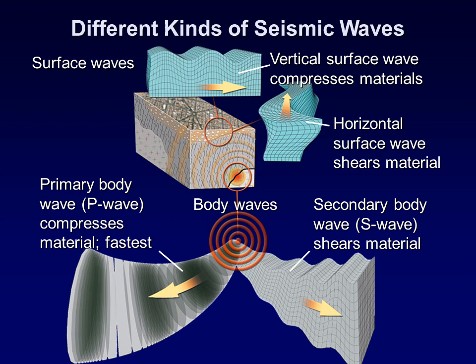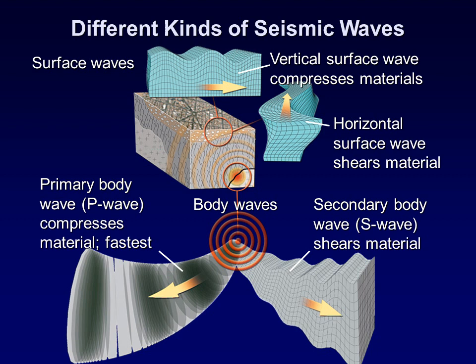The S wave, or the secondary wave, is a shear wave. They rock up and down, perpendicular to the direction of the wave propagation. So as the secondary wave is moving through the rocks, they're moving up and down perpendicular to the direction the wave propagates.